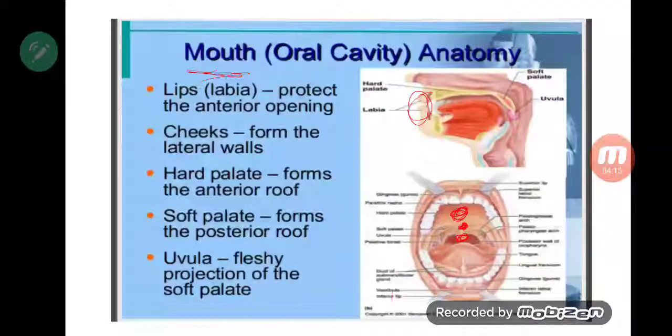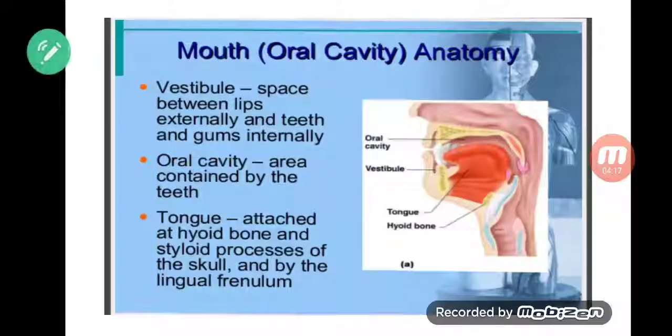Here is the uvula. We have the tongue, the oral cavity, and the vestibule. The vestibule is the space between the lips and the external surface of the teeth.